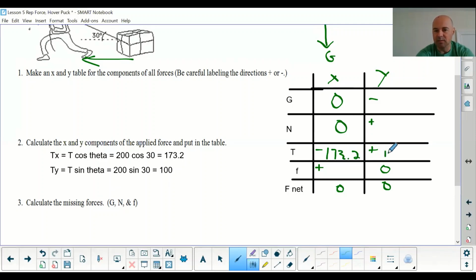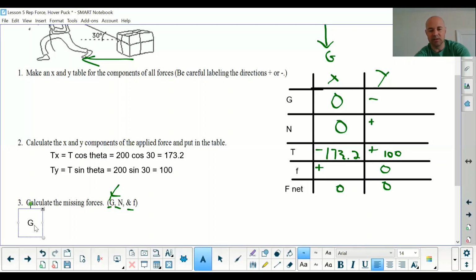Okay. So I've gotten those numbers and they're in the correct boxes now. So I've gotten the pull, or the tension, in the x and y. It says to calculate the missing forces, so gravity, normal force, friction. So let's do gravity first, because gravity's got a really simple equation and we can plug into it. So G equals mg. m is the mass of the box.